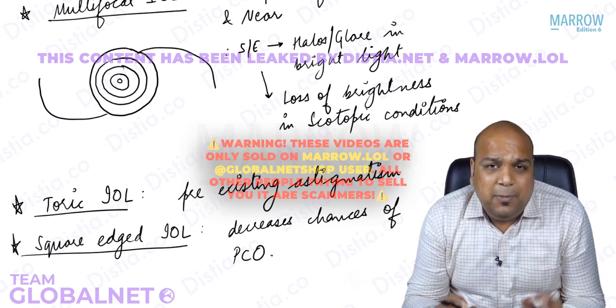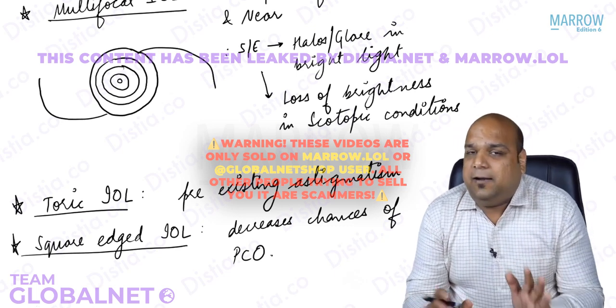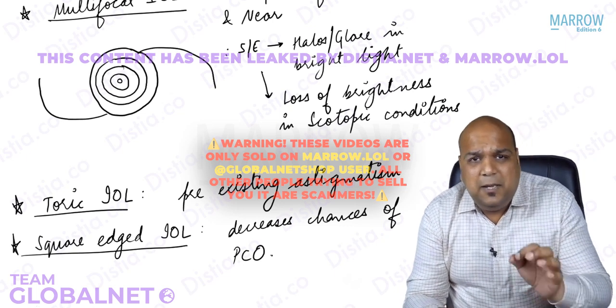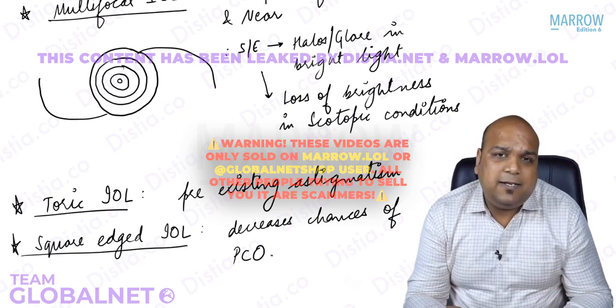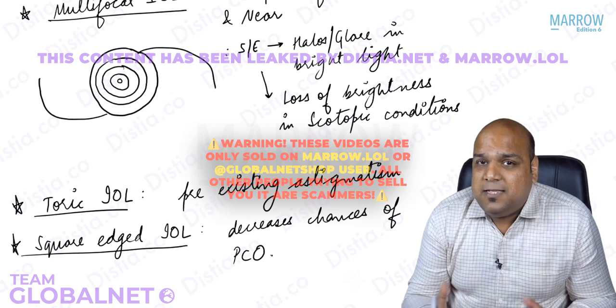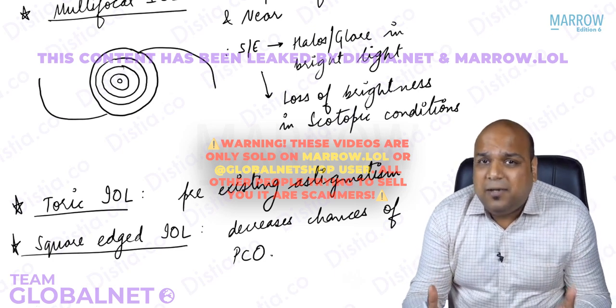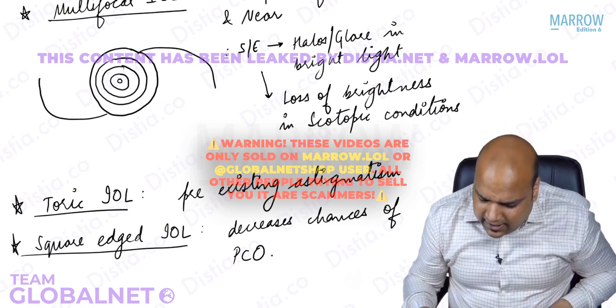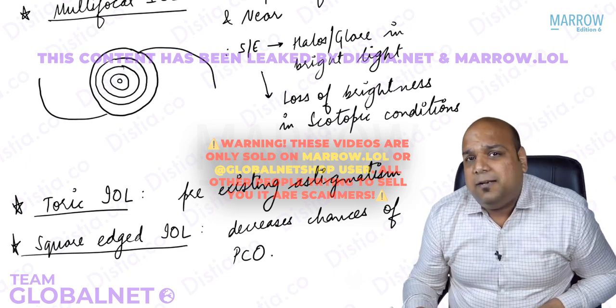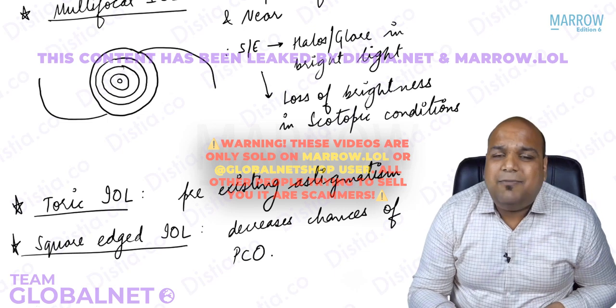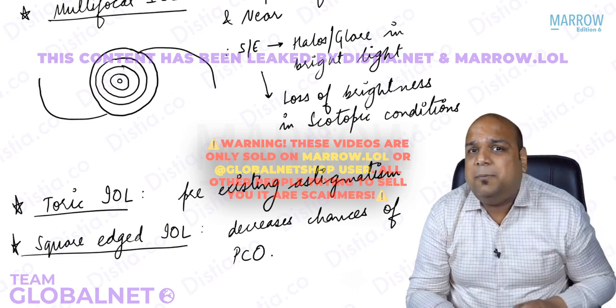Now, before we move on to the complications of cataract surgery, there is a very important part related to cataract surgery that you need to understand. We have discussed the steps of the surgery. We know that we need to implant an IOL. But is there a universal IOL that can be implanted? See, I am emmetropic. I don't have any power of spectacle in my eye.